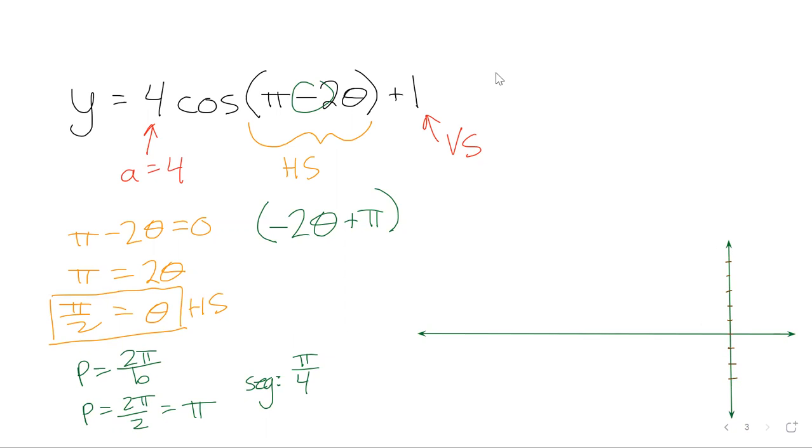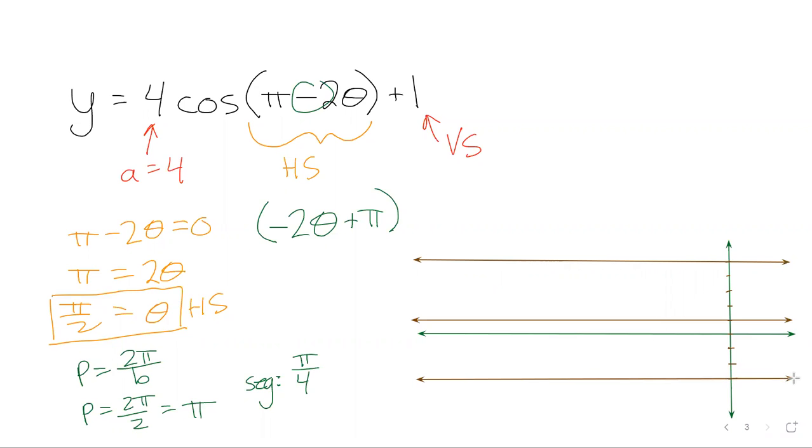So let me put those lines in. So we've got amplitude line, midline, and other amplitude line down there. And I'll label those. If nothing else, we saw how it makes it really easy to determine the range later on. So up 4 and down 4.